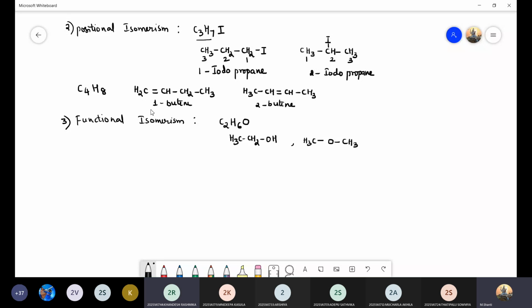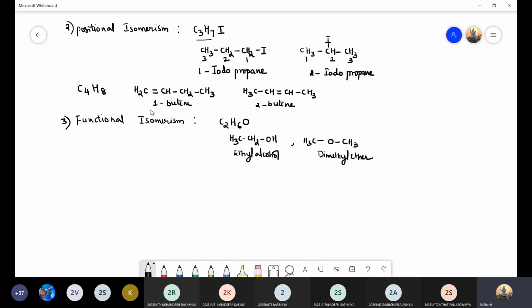So, alcohol and ethers, always these two together will be called the functional isomers. The name of this compound is dimethyl ether, and this is your ethyl alcohol. Everybody knows about this. So these are the functional isomers.